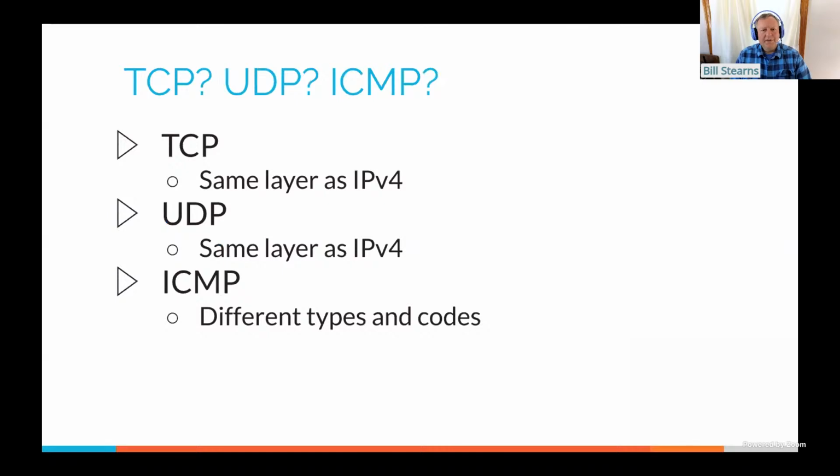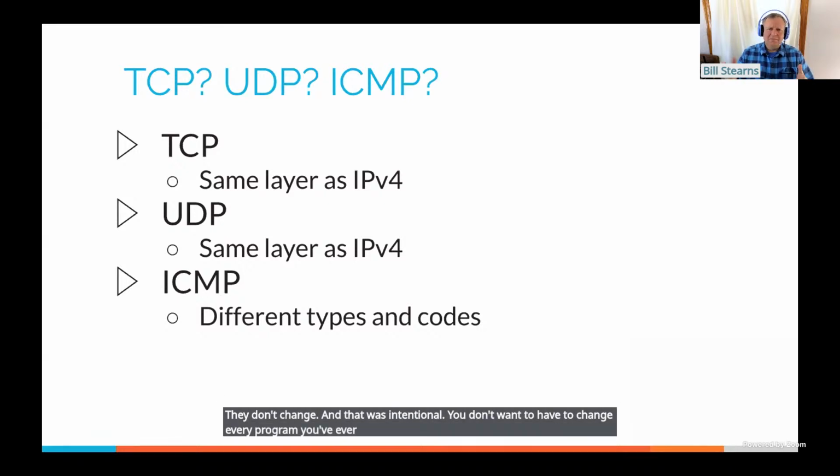So, what are the other changes that happen when you move to IP version 6? Well, first off, the TCP layer's basically the same, as is the UDP layer. They don't change, and that was intentional. You don't want to have to change every program you've ever written to have a custom compiled version that only works with IP version 4 and another compiled version only works with IP version 6.